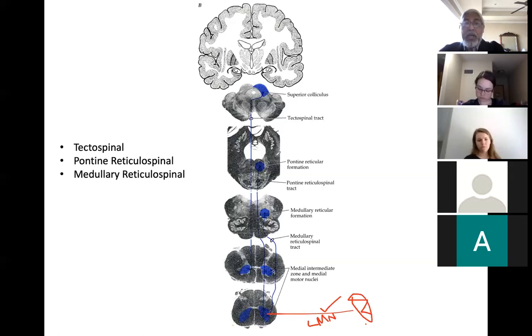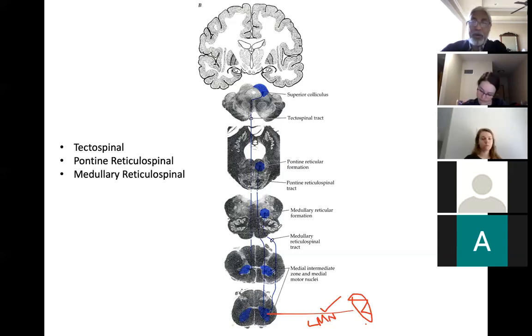Now, this tectospinal, pontine reticulospinal, medullary reticulospinal, what is common in them? Are they all upper motor neuron or lower motor neuron? They are all upper motor neuron, right? Because they are not going to the muscle. They are staying in the spinal cord.